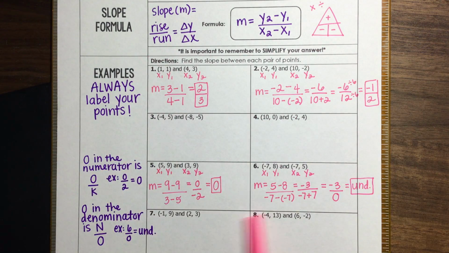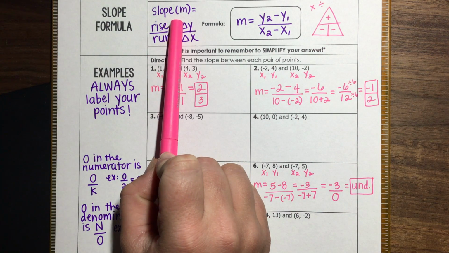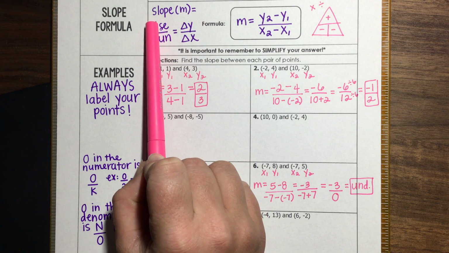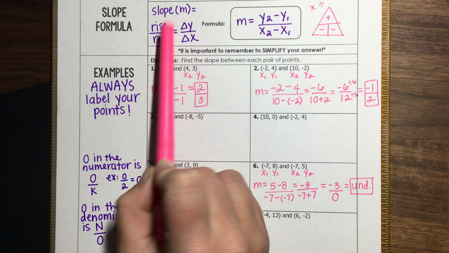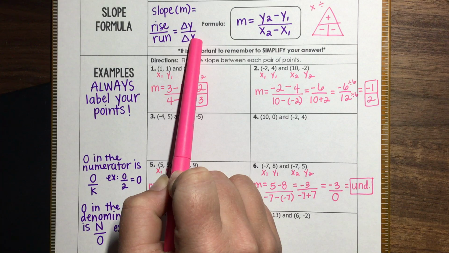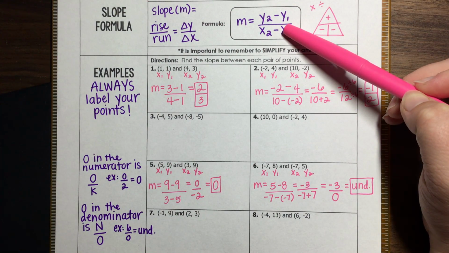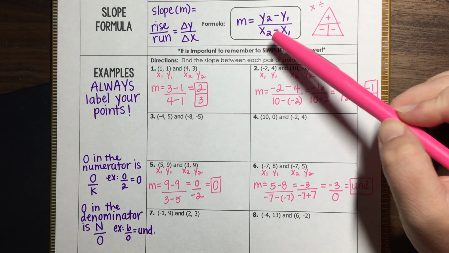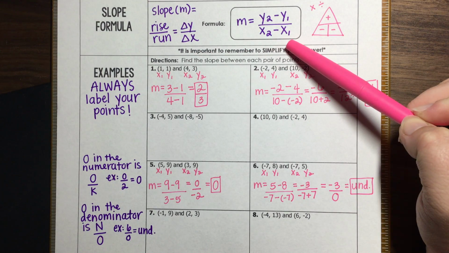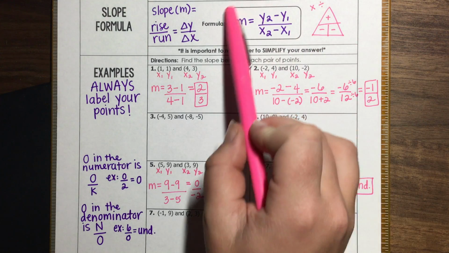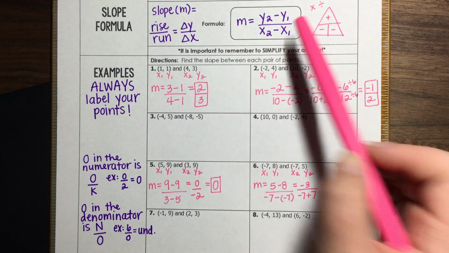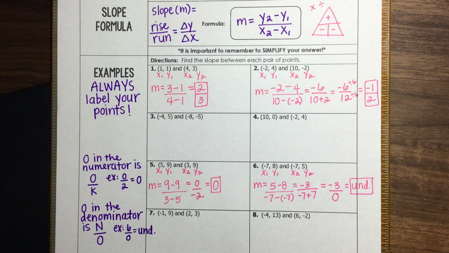Just to recap everything. Slope is the variable m. It's rise over run, which is the same thing as change in y over change in x. Change in y is y2 minus y1. Change in x is x2 minus x1. This is our slope formula that we're going to be using going forward when we're given 2 points, just like all these examples.